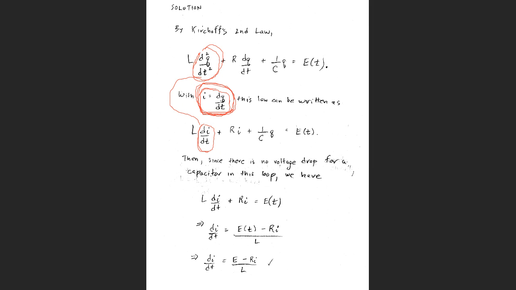In fact, good question, Thomas. The current is the derivative of charge is a definition. Okay, that's where we got that. That's the definition of current. It's the flow of electrons through your circuit with respect to time. It's the rate of flow.